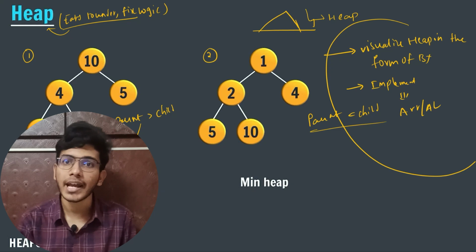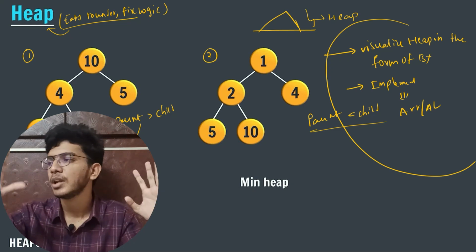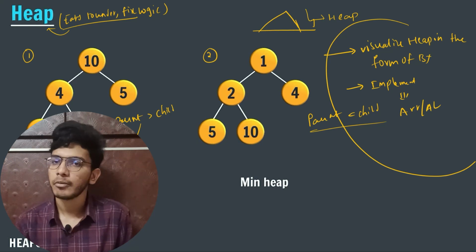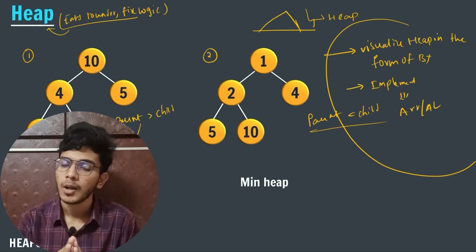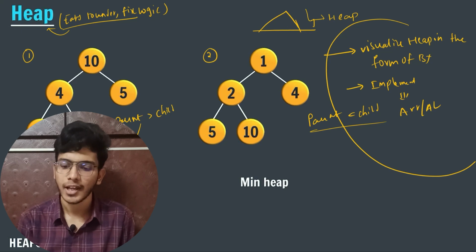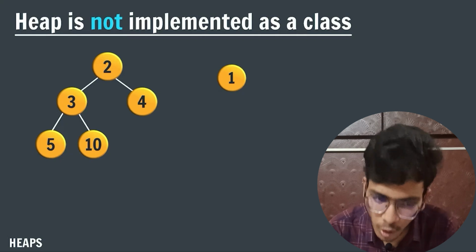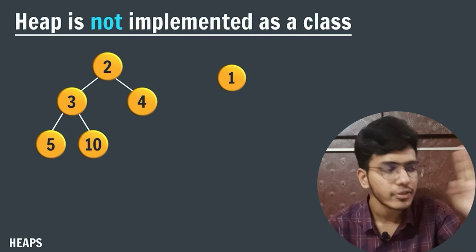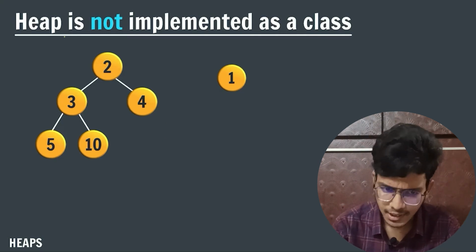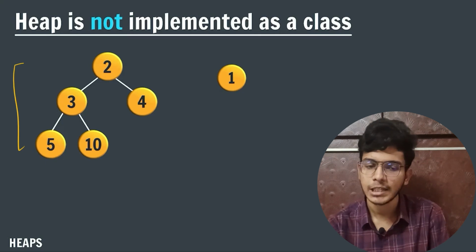Now you might ask why we can't do the same thing as before. We implemented binary trees and binary search trees by creating a node class, using the general method. But why can't we do the same thing for heaps? Let's say that this is a heap, this is my heap structure.